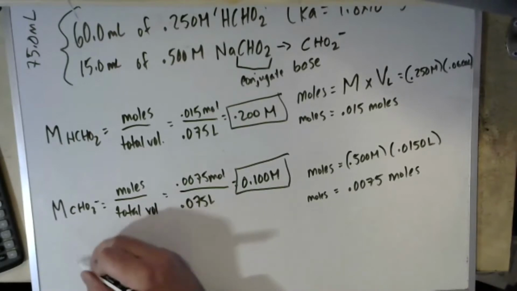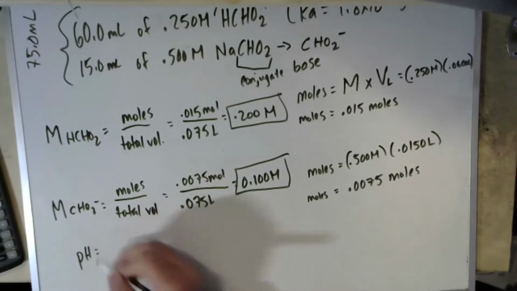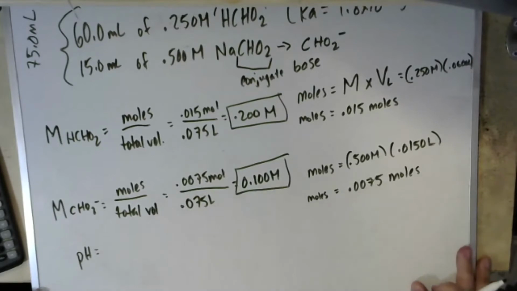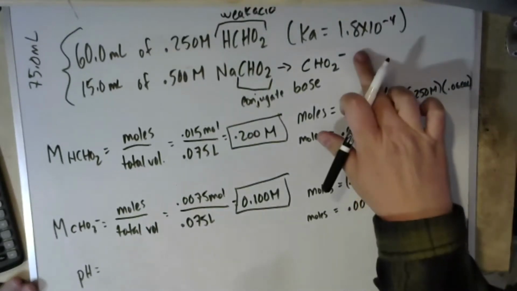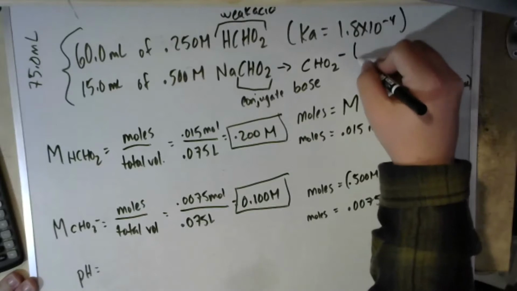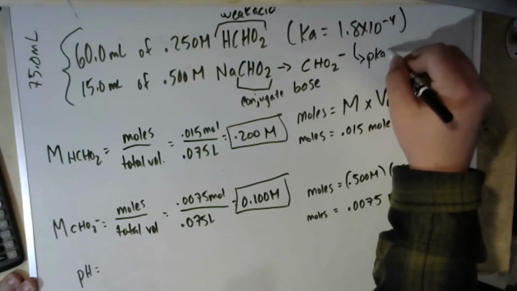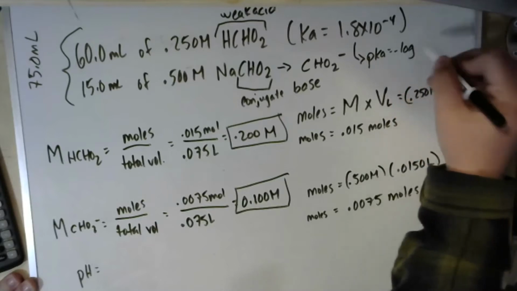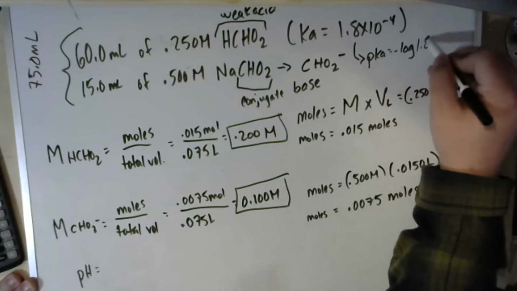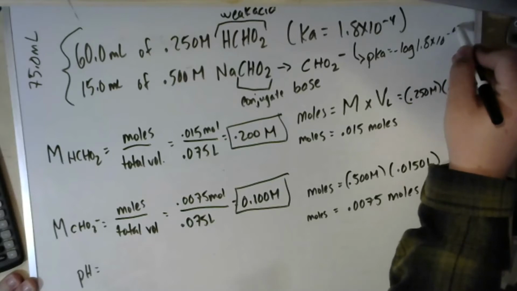So my pH is going to be my pKa, which I'm going to get from my Ka value. Let's do that up here right now. Let's take the negative log of 1.8 times 10 to the negative 4.